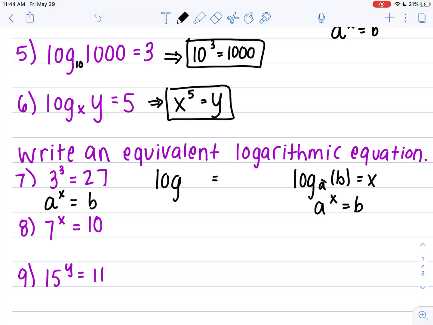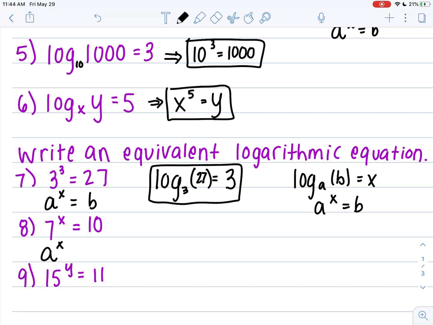The a in this case is down there, so it's that little number. That 3 right there is going to be down here. B is here, so I need to write my b here in parentheses. Well, my b is 27, and then equals 3, which is that equals x, and x is 3 in this case. So that's your final answer.